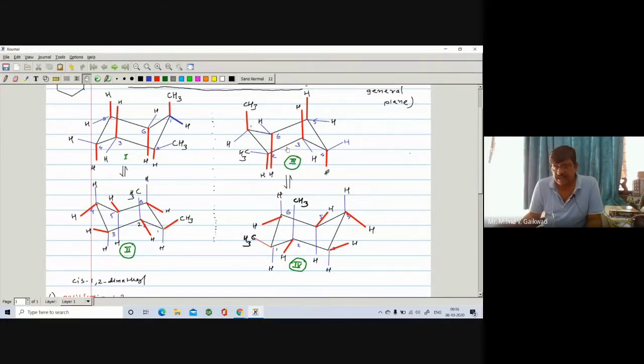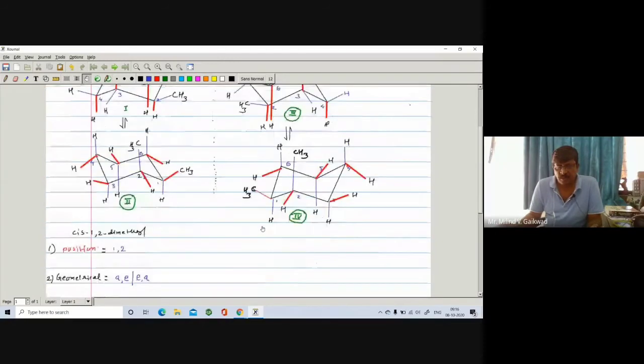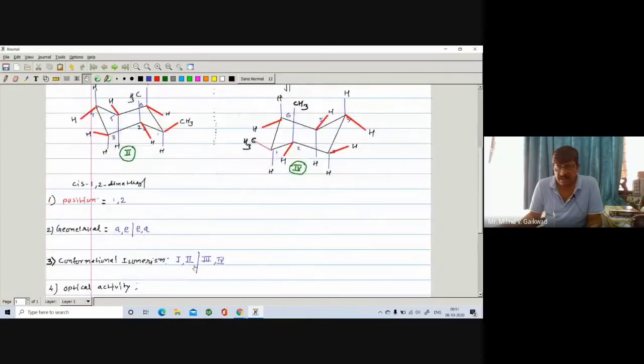Similarly, structure number 3 and structure number 4 are conformational isomers of each other, meaning structure number 3 will convert into structure number 4, and 4 will convert into 3, right?